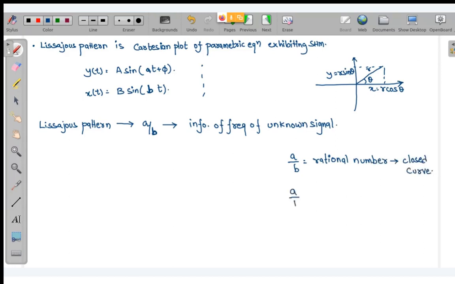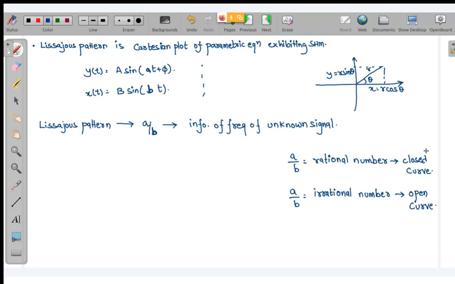If A by B is an irrational number, I get an open curve. Open curve means the Lissajous curve, and this is the Lissajous pattern. Up to this point, is it clear?